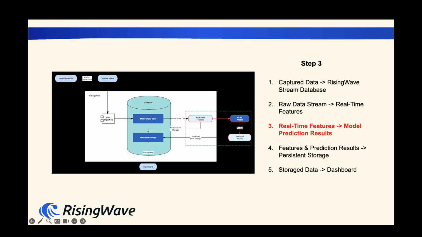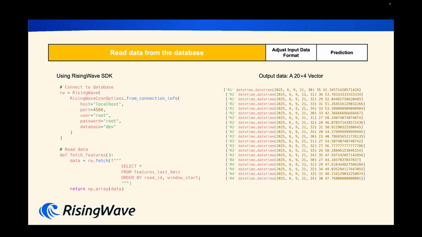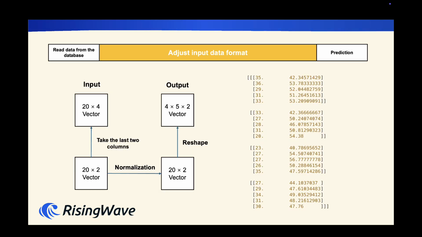Now for the exciting part. Step 3, making predictions. We'll feed these real-time features into a pre-trained machine learning model. For this demo, we're using an LSTM model, which is great for understanding patterns over time. First, we use the RisingWave SDK to pull the latest features from our materialized view. The model needs the data in a specific format to make a prediction.